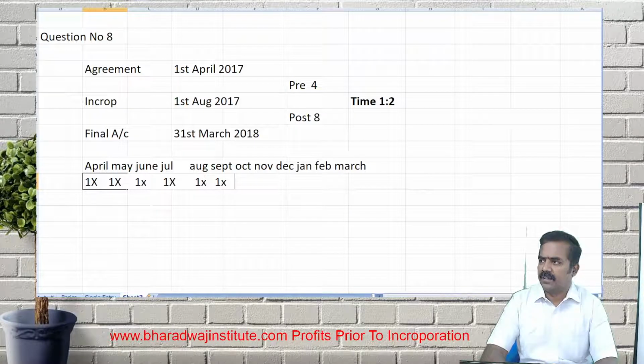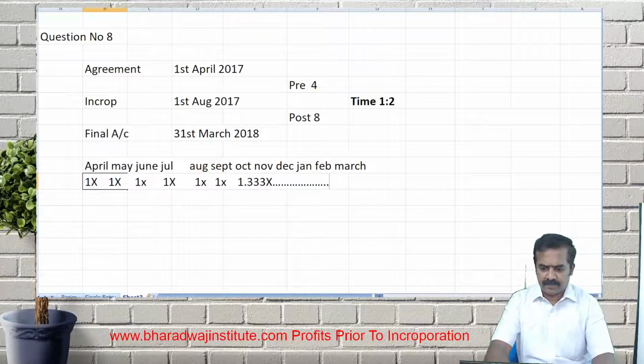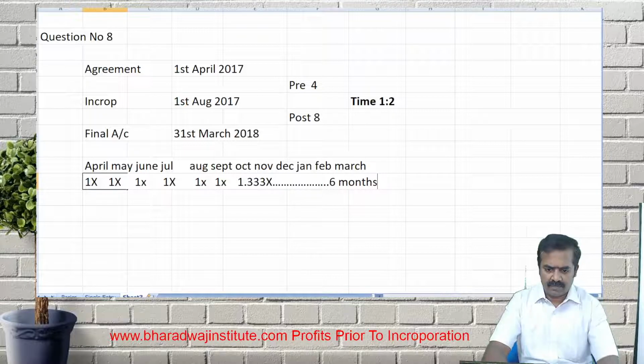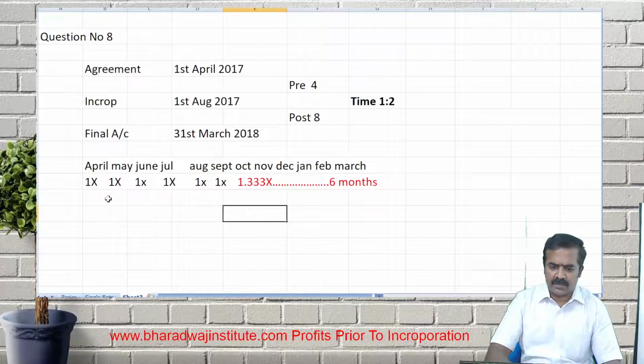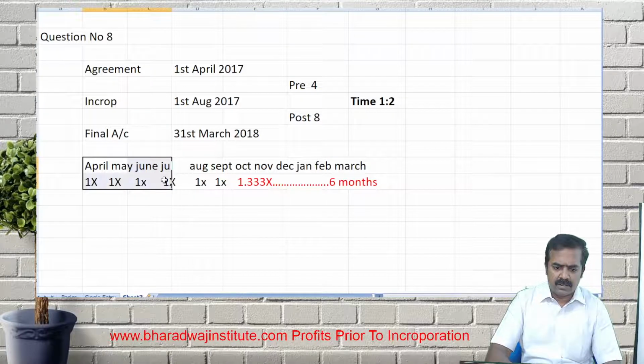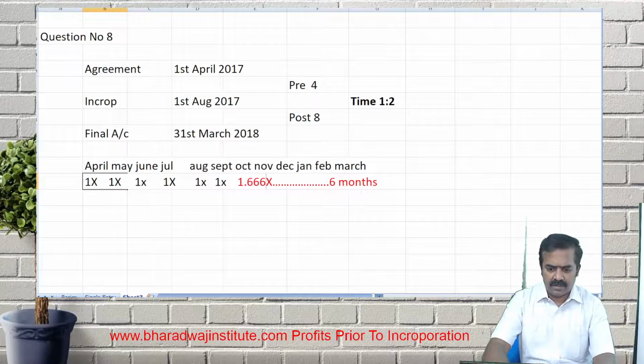Up to September it is 1x. Thereafter it is going to be 1.3333x for the rest of the period. 2/3 increased, so 1.66x for the rest of the period. 1.6667x.